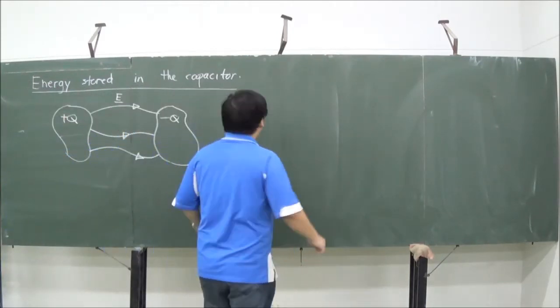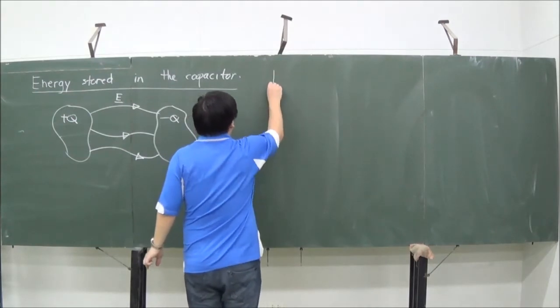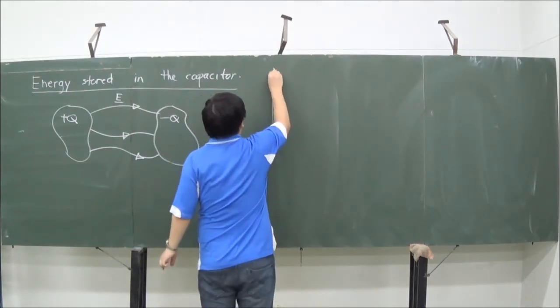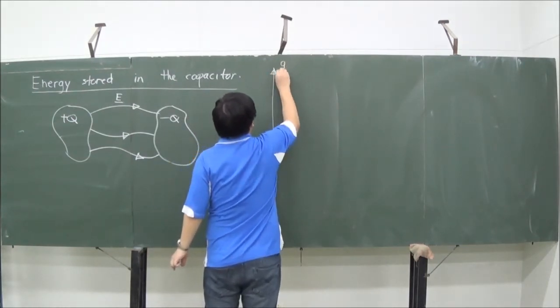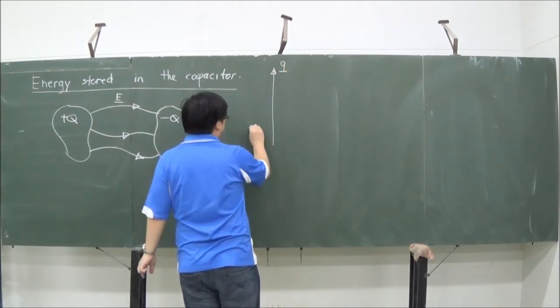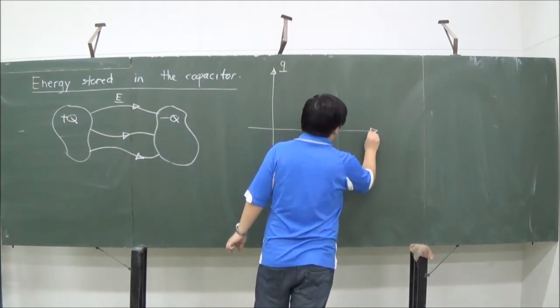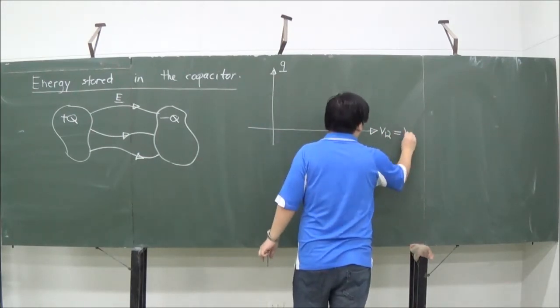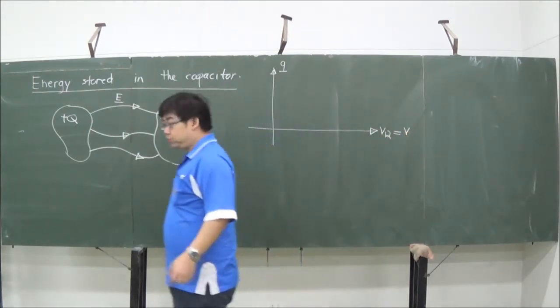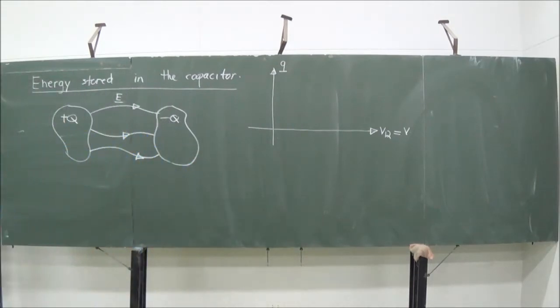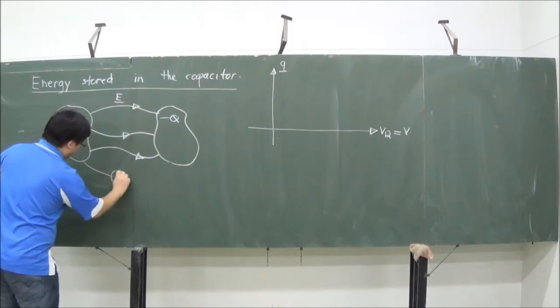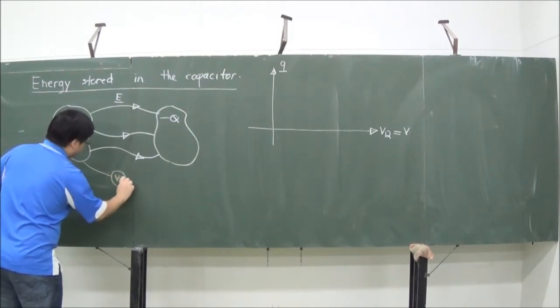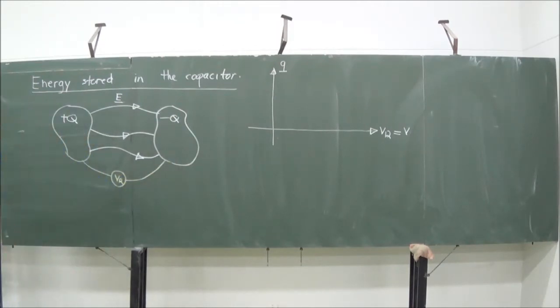So if we try to plot the charge stored on the capacitor against the potential difference V12, let's call it just V, where V12 is the potential difference between these two conductors.